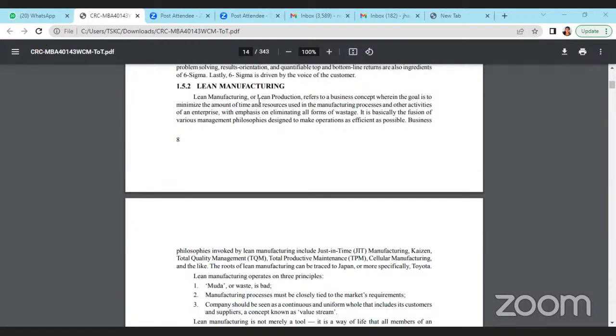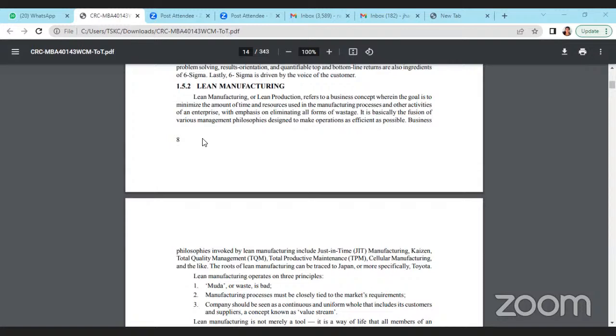Next we have lean manufacturing. Lean manufacturing, or lean production, refers to a business concept wherein the goal is to minimize the amount of time and resources used in the manufacturing process and other activities of any enterprise.